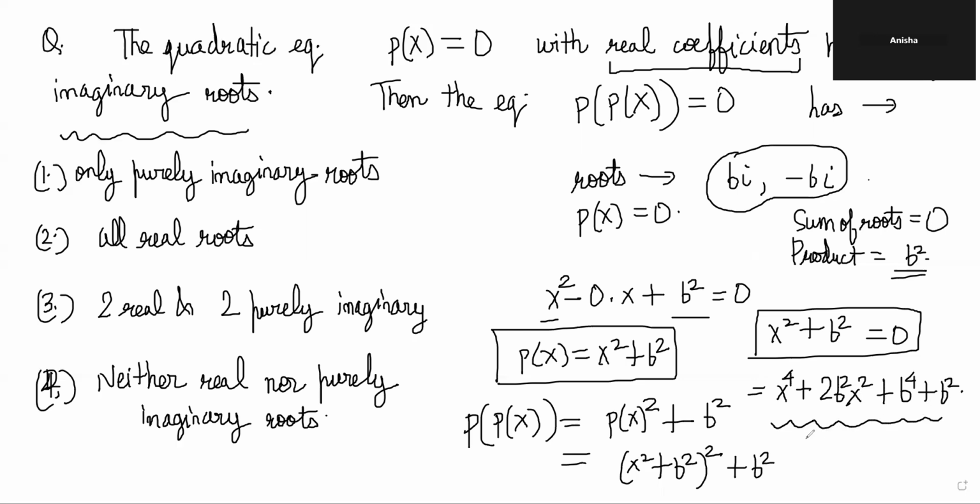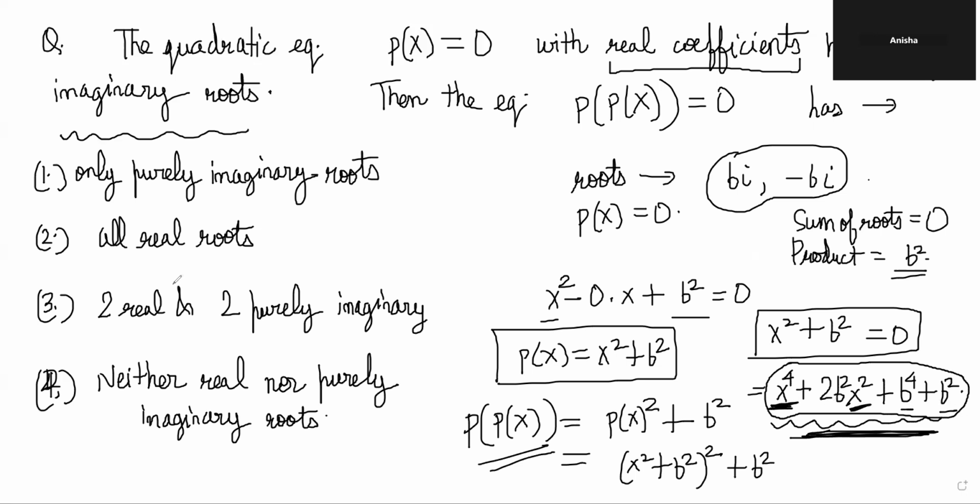Now, obviously, looking at it only, you should decide: can this fourth degree polynomial have any real root? Can any real number make it 0? No, that's impossible, right? Do you realize why? Everything is even powers, and everything is positive.